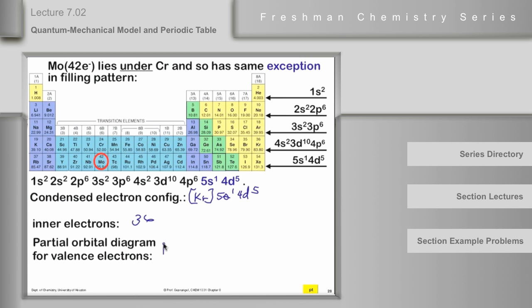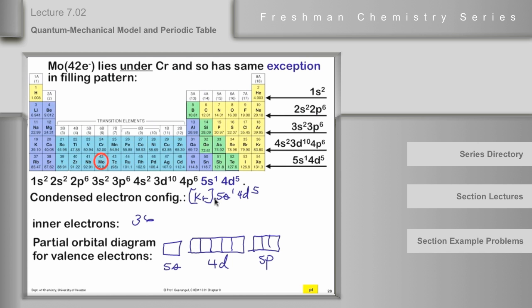And the partial orbital diagram. This will be the 5s, and then, if I can draw it properly, the 4d and the 5p, right?